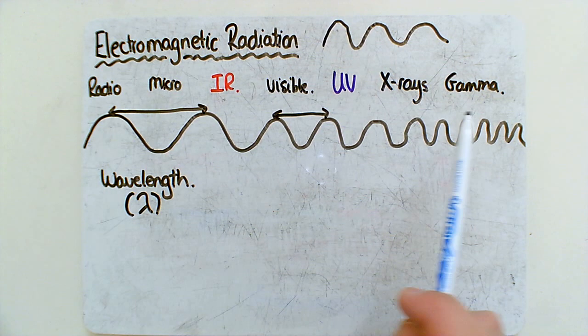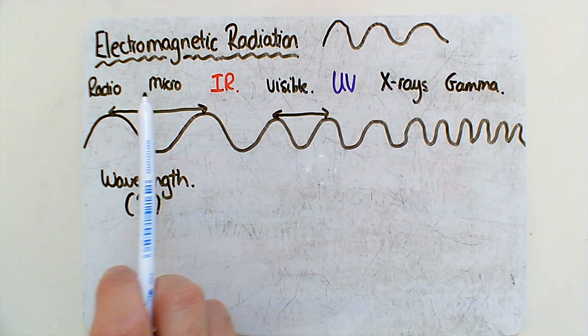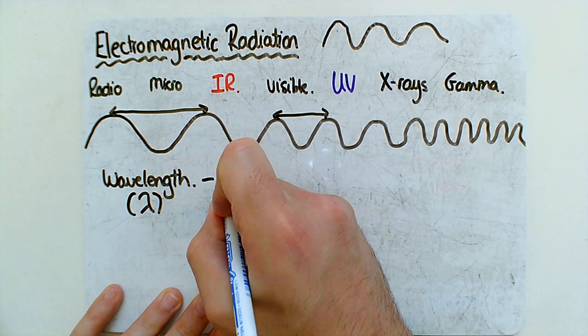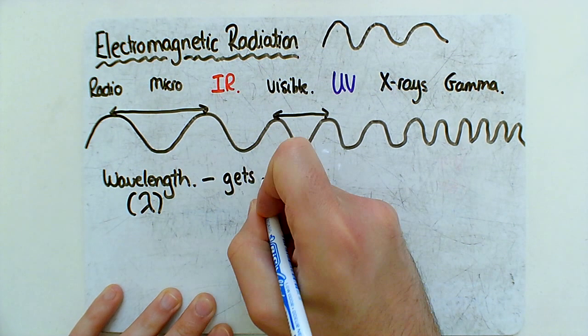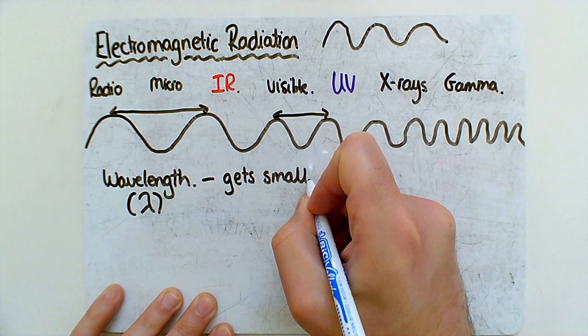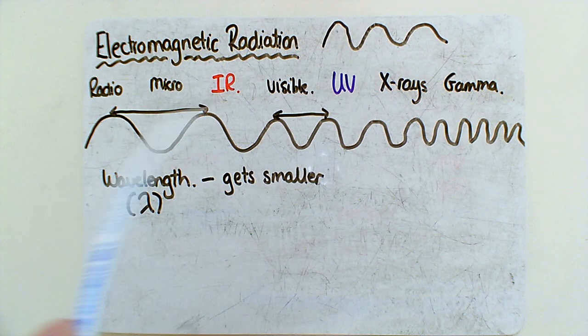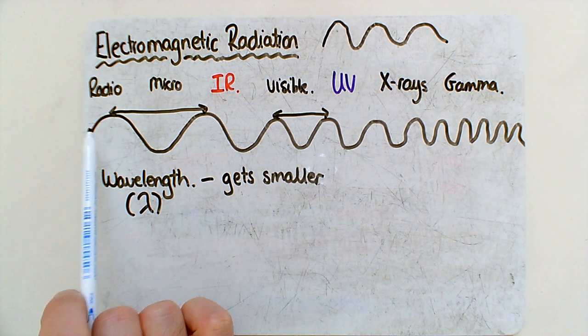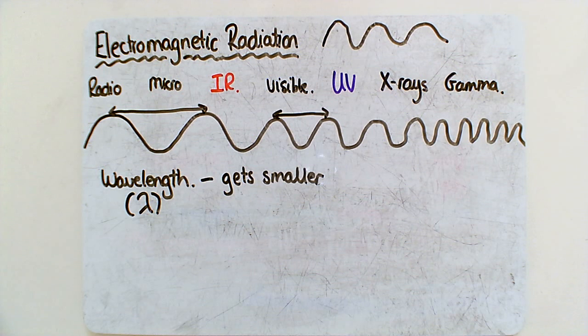And as we go across the spectrum, as we go from radio waves the whole way to gamma waves, the wavelength gets smaller. So as we go to gamma rays, we have the smallest wavelength. Radio waves have the biggest wavelength.